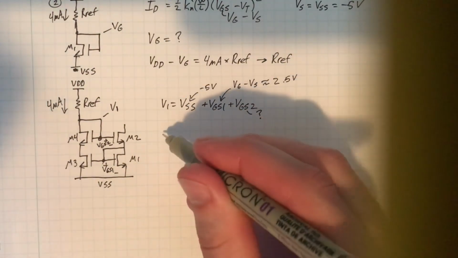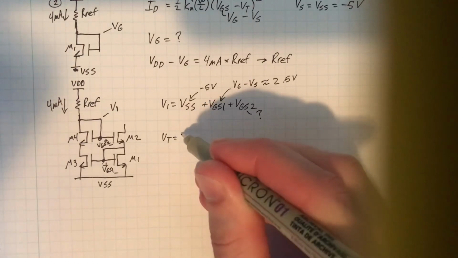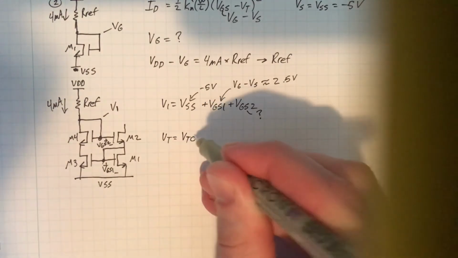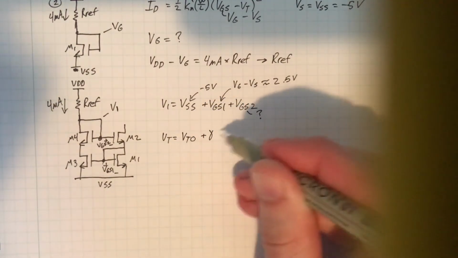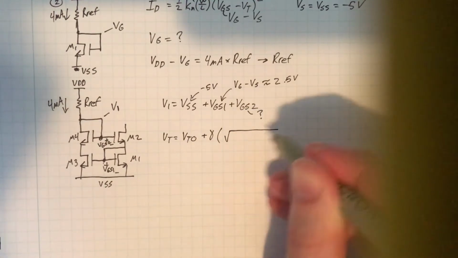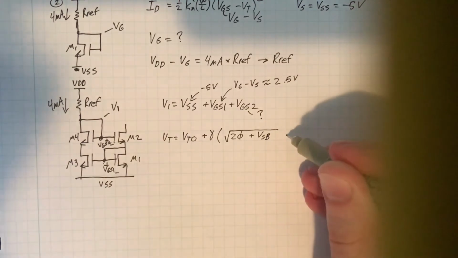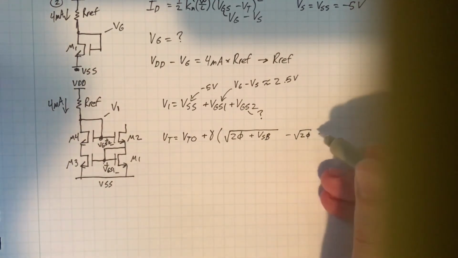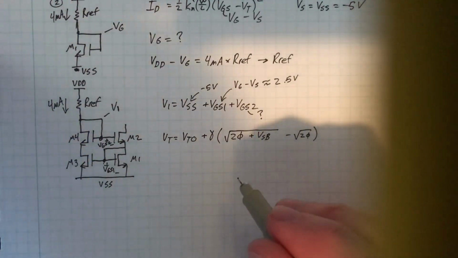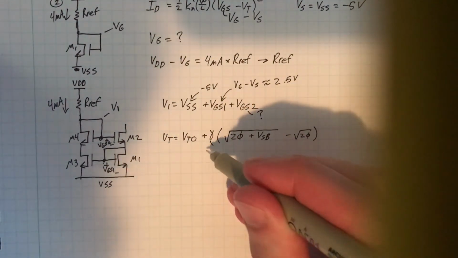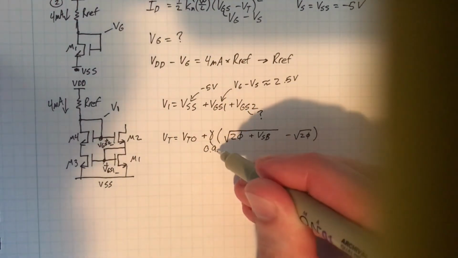So threshold voltage equation, VT is equal to VTO plus gamma times the square root of 2 phi plus VSB, minus the square root of 2 phi. Gamma is 0.9 volts to the 1/2.